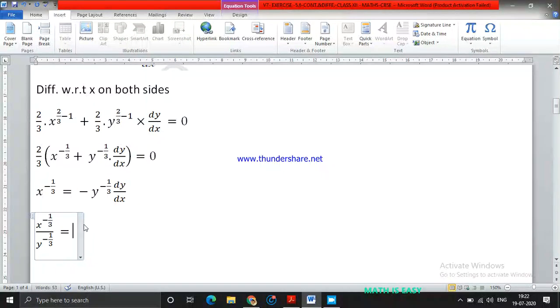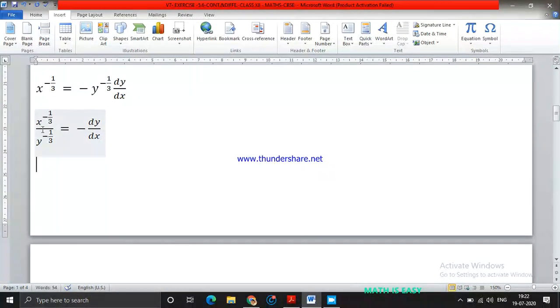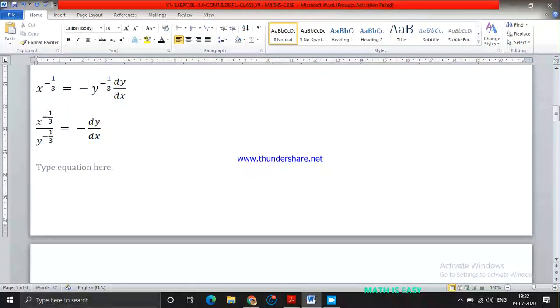Do you agree? Equals to minus dy upon dx. What I have done is this product y to the power of minus 1 by 3, I brought it to the left hand side, so it will come as a denominator. Now if you observe the term here, both are negative terms, so you can rewrite the term. How can you rewrite the term? Just see here.